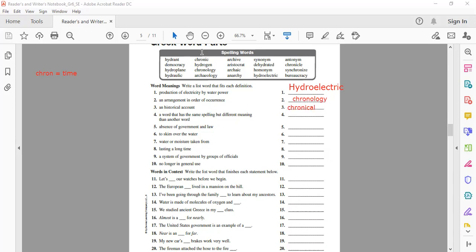Number 4. Malak, are you back? Not yet. Okay, yalla Leen. A word that has the same spelling but a different meaning than another one. Two words that have different meanings. Sorry, or two words that are synonyms? Just a minute.